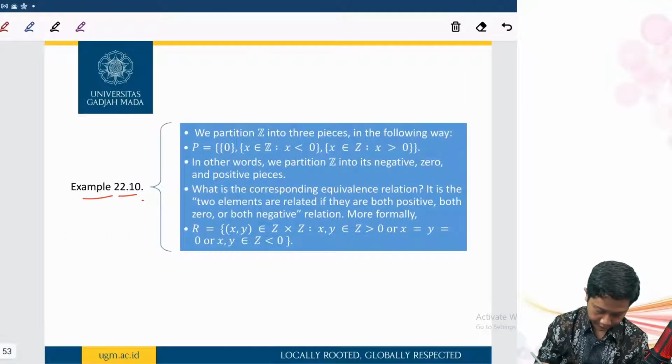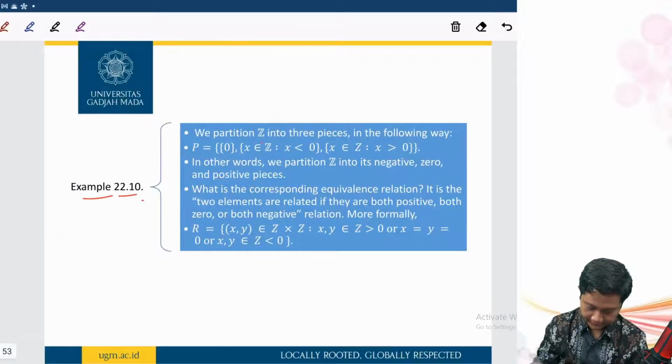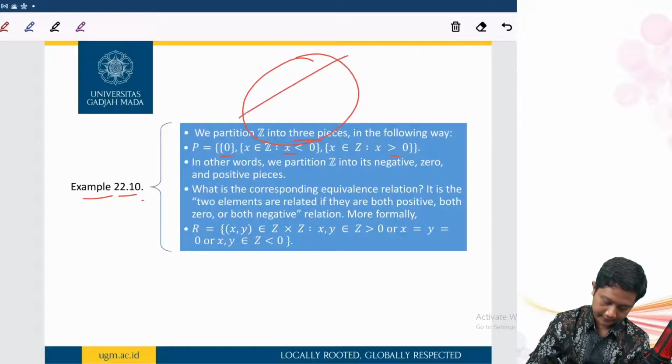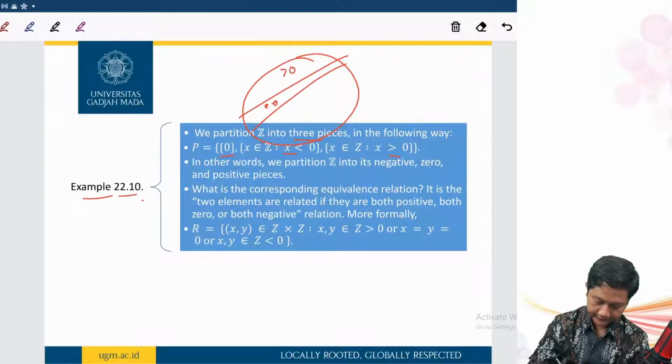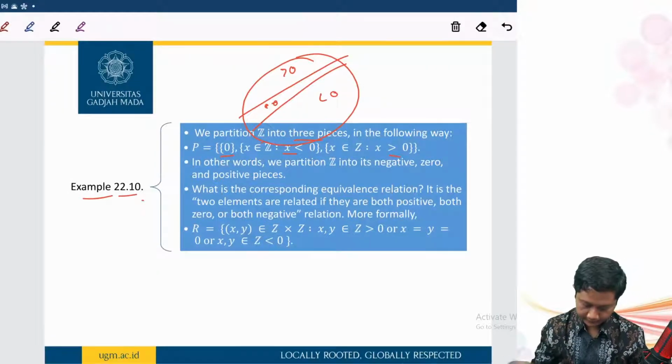We have example 22.10. We make the partition here into 3 pieces. So we use this way: x less than 0, x greater than 0, and x equal to 0. So we have 3 parts here. This one is only 0. This one is everything greater than 0, and this is everything less than 0.